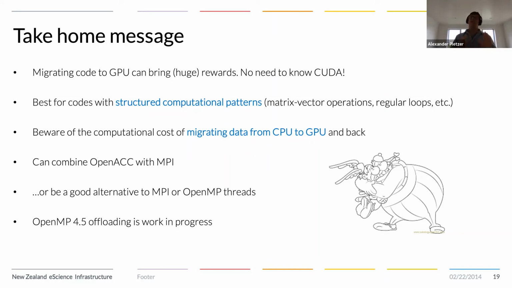Beware of the computational cost of migrating data from CPU to GPU, right? So typically, you want to send all your data, as much as you possibly can, to the GPU, hold on to the data as long as you can, and minimize the transfers.